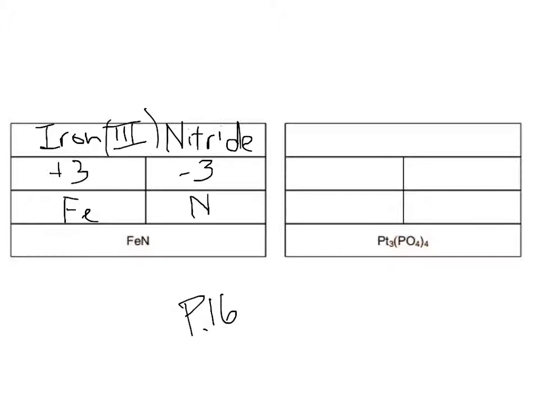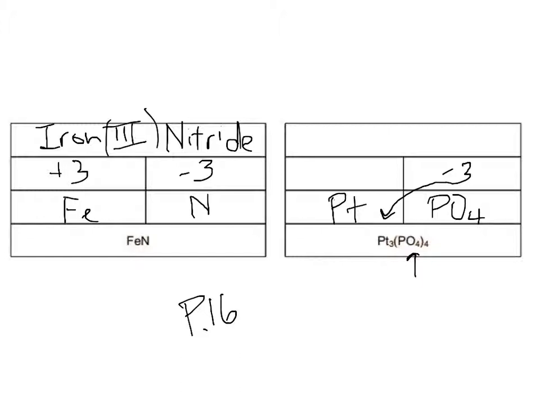All right, this last example is a little more complicated, but again, we're going to break it up into parts. So we have Pt, and then we have PO4. And you notice I didn't carry the subscripts with me. I kept this 4 because it's with phosphate, but the other 4 I do not carry with it. I know the charge of phosphate is -3, and I can see how this 3 got crossed over and became a subscript for the platinum.